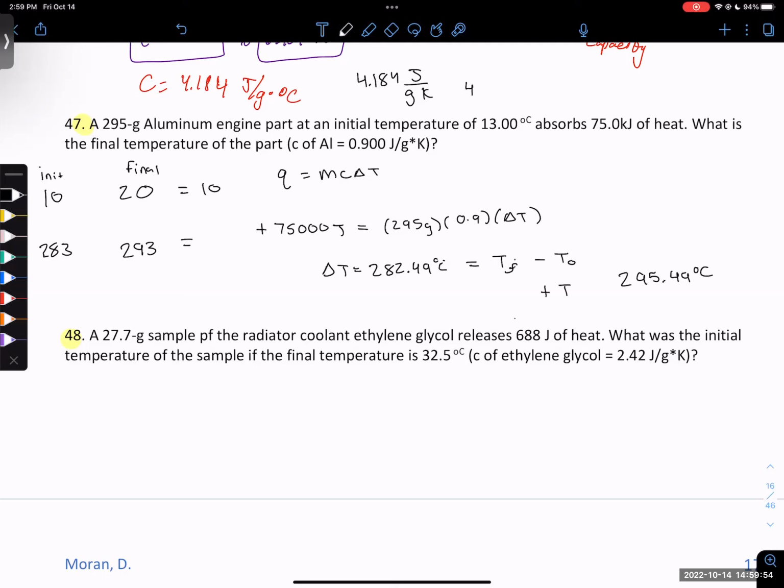Going from Celsius to Kelvin, all you're doing is adding 273. It's just a constant. So changing from 1 degree Celsius to 2 degrees Celsius is the same thing as changing from 273 Kelvin to 274 Kelvin. It's just a 1 degree difference. Okay, I kind of get it, I think.